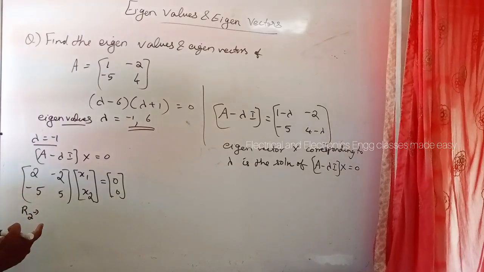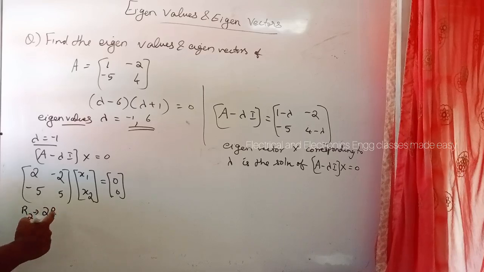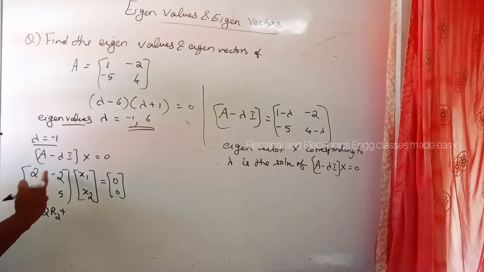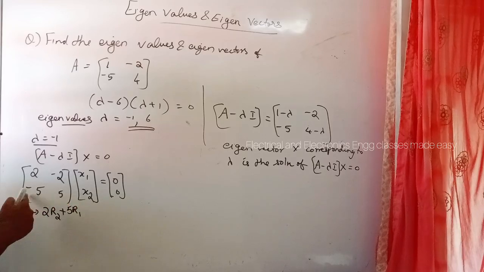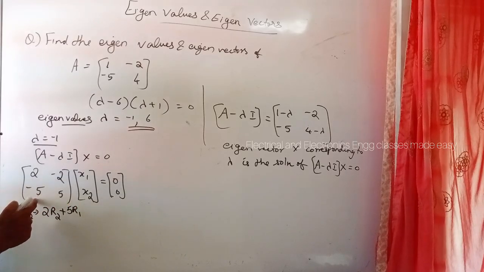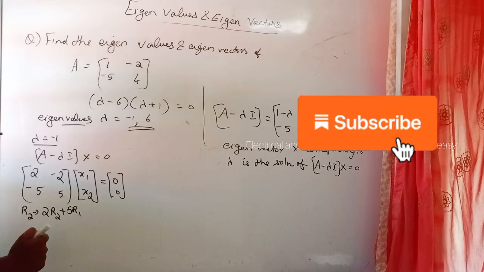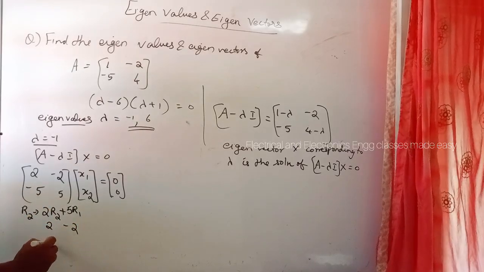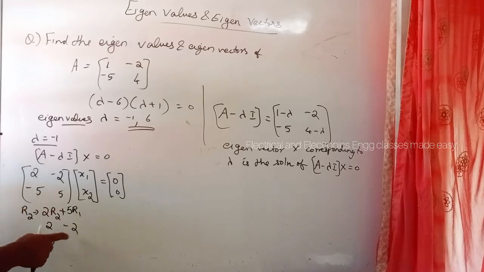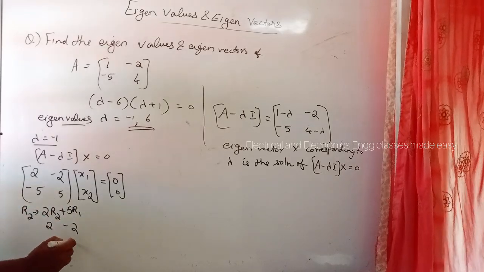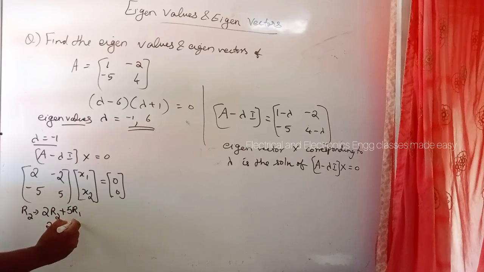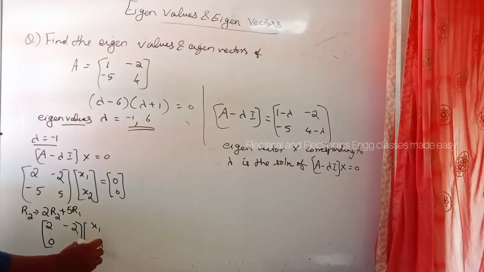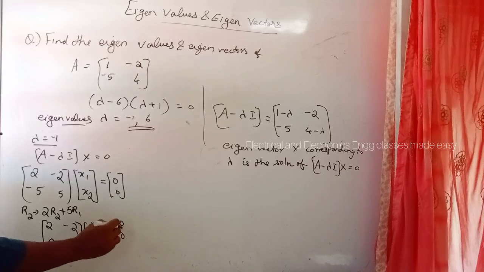R2 implies 2 times R2 plus 5 times R1. After doing this, we make this element 0. That is 2 minus 2, 0. Then here also we will get 0 because the signs are interchanged. Then into x1 and x2 equal to 0.